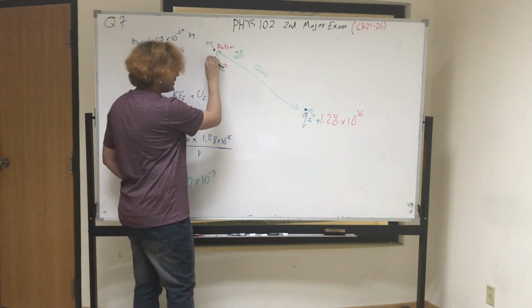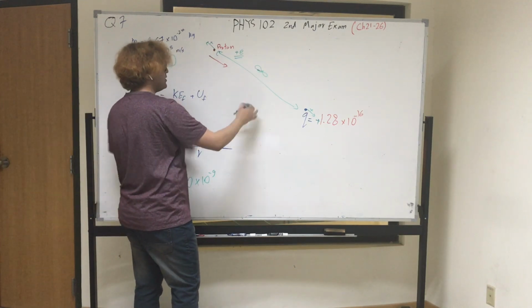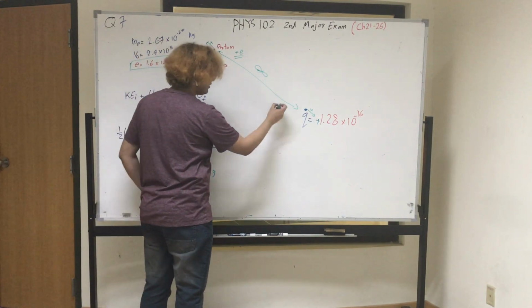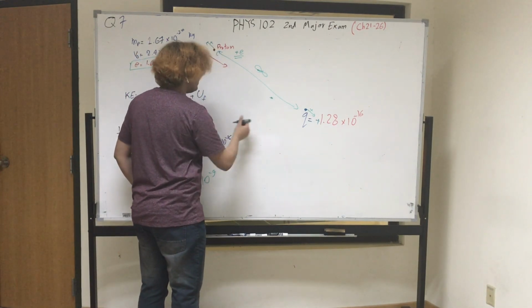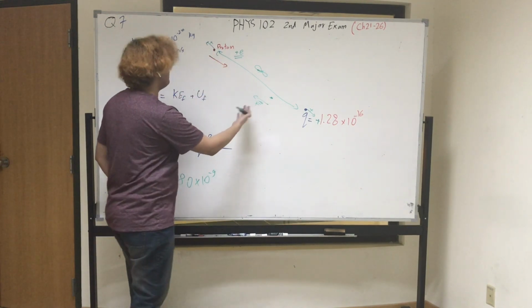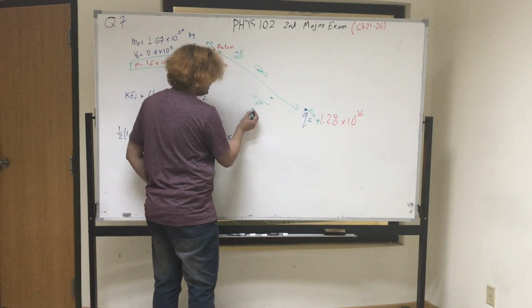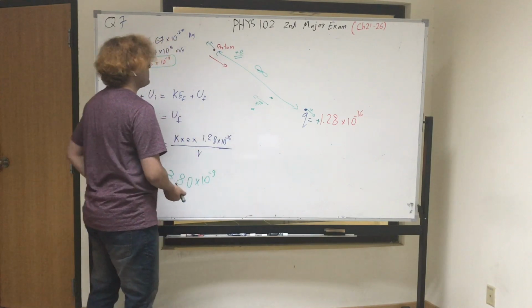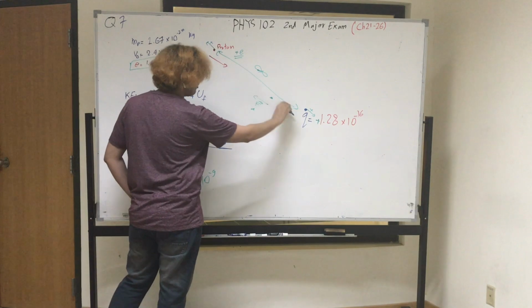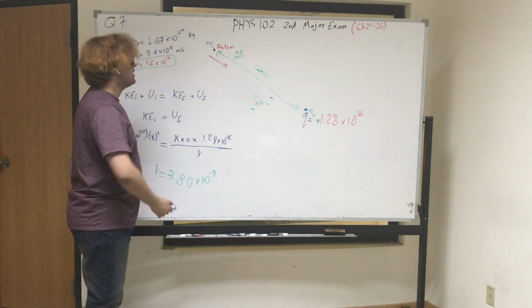The initial velocity will be constant at infinity, because the repulsion has no effect at infinity. But once it gets closer and closer, the electrostatic forces will start to act in this direction. And if you have a force, then we have an acceleration in the same direction as the force. So it will decelerate the proton. The proton will not be able to touch the other charge because of the electrostatic forces between them.